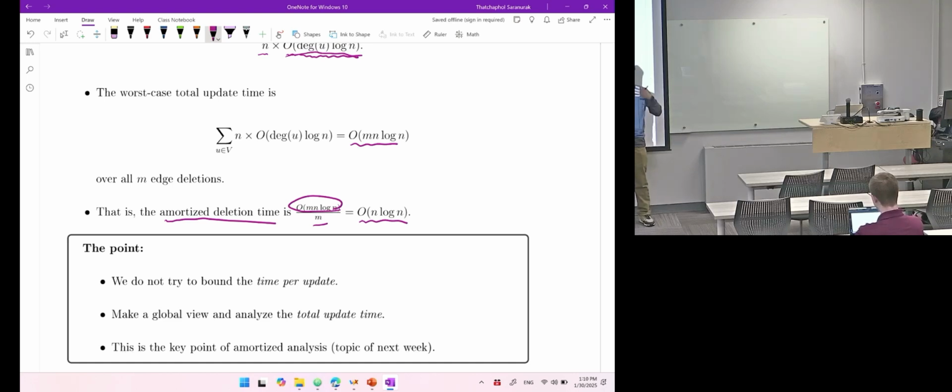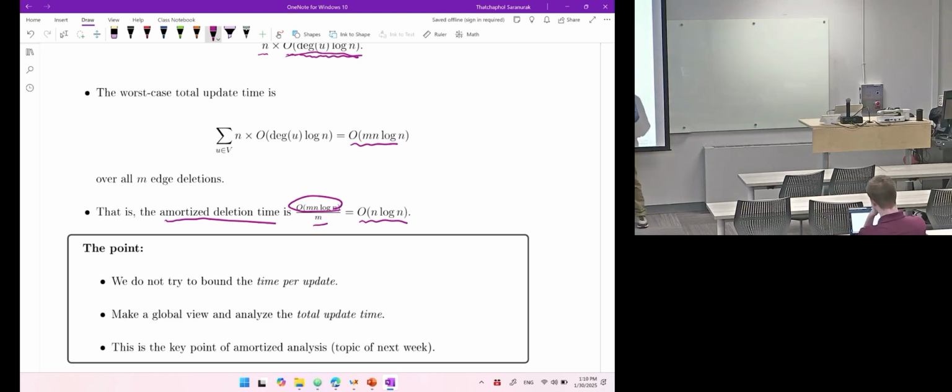Instead we take a global view. For one single update you might spend a lot of time, but overall the level of each node can increase at most n times, and this is true over the whole time sequence.